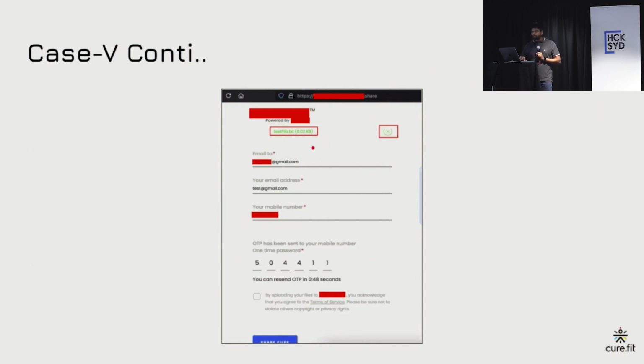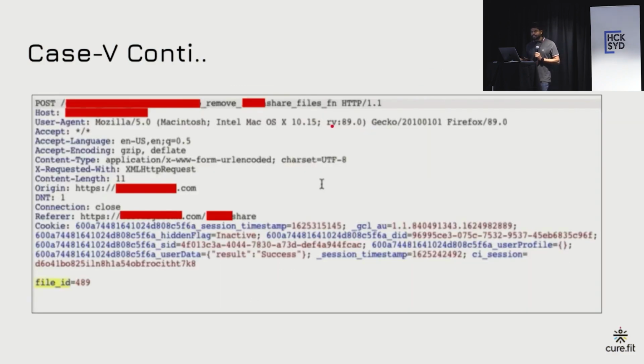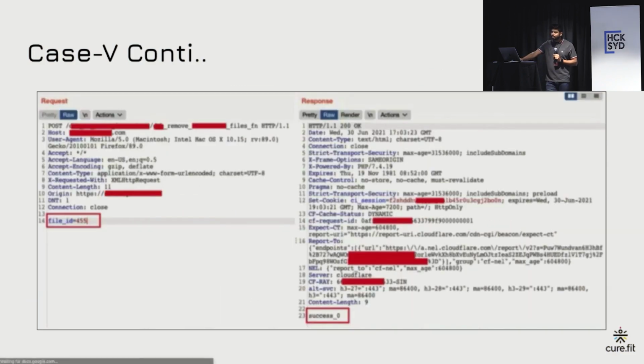Whenever we upload a file, it gets a file ID. So I sent it to the repeater as usual, and tried to play with it just by changing the numbers. Earlier the file ID was 455, and when I sent it to the server, it gave me a response of success. That means that file got deleted from the server.